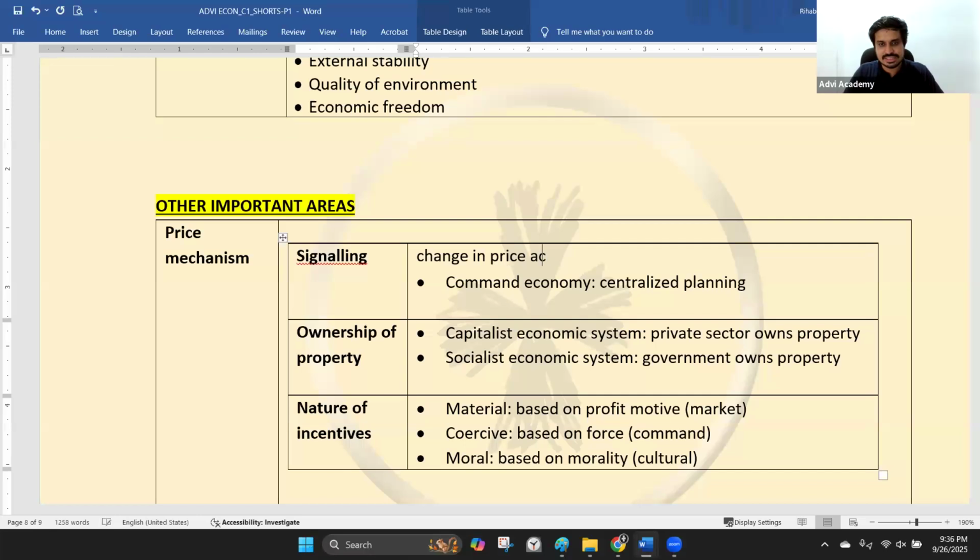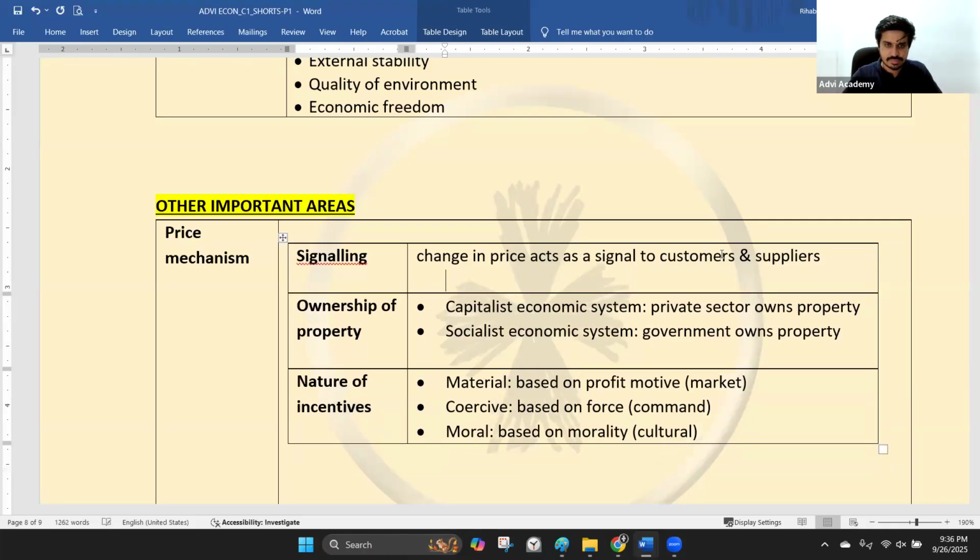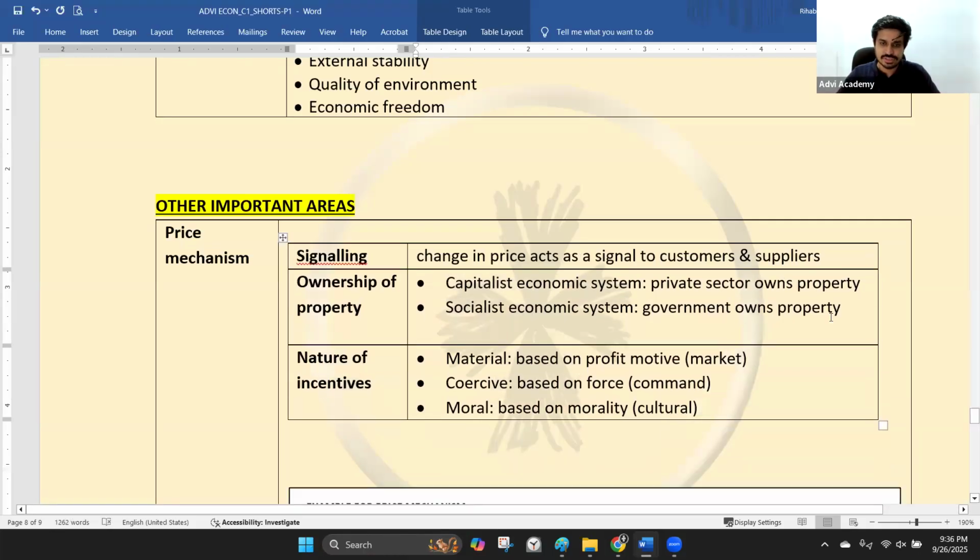It acts as a signal to customers and also suppliers, producers. Okay, that's your signaling function.